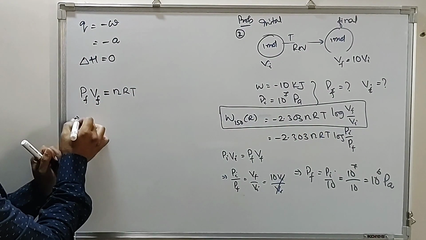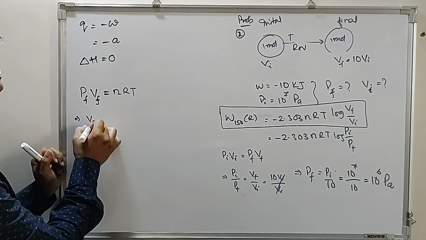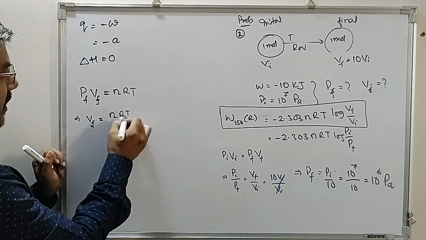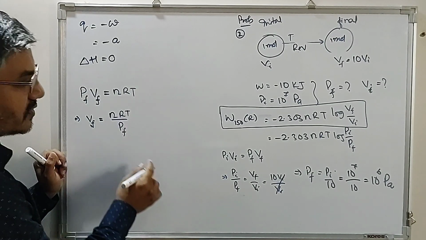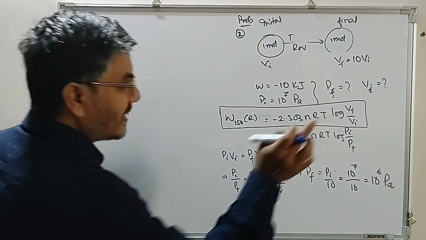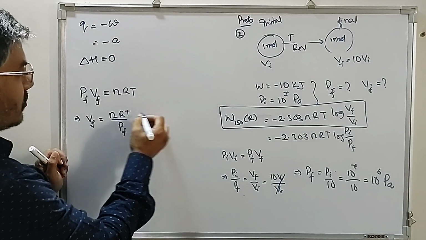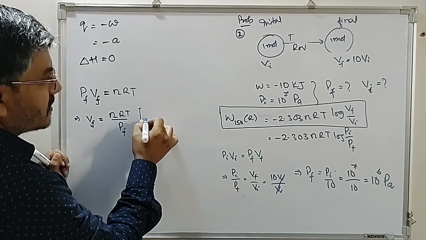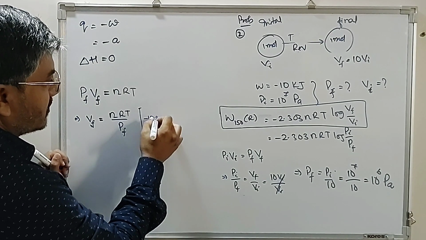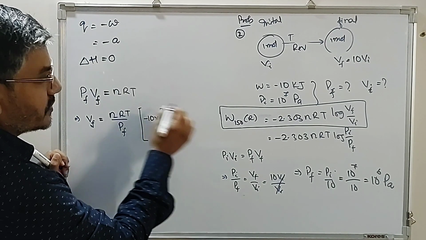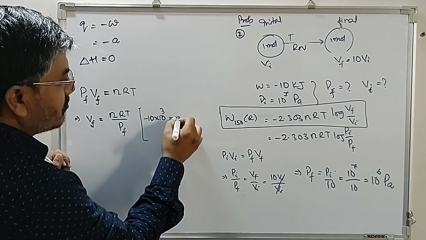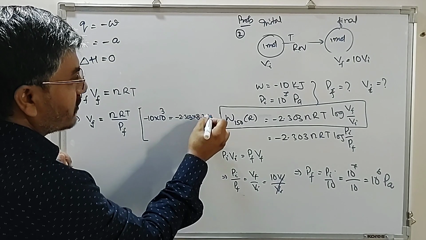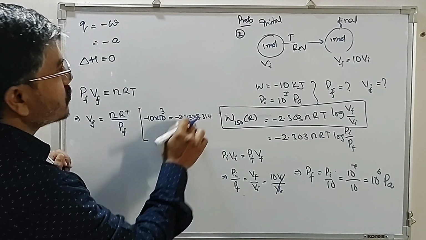So therefore look at this, Vf is equals to nRT by Pf. We know the value of Pf here, 10 to the power 6. Now what is the value of T? Look at this. Work done is minus 10 into 10 to the power 3 joule is equals to minus 2.303, R is 8.314, n is 1.